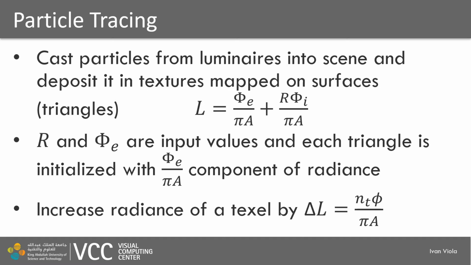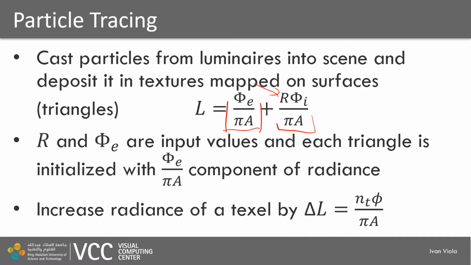We can calculate the reflectance as a term which is proportional to power per area, and this power can have two components. One is the emitting power of the light, and one is the incident power, which is then reflected given a certain diffuse reflectance.